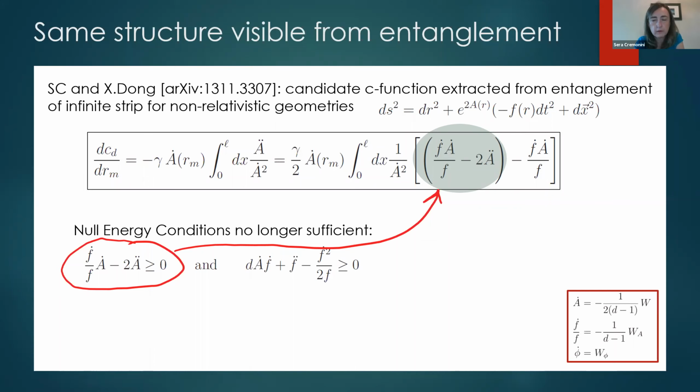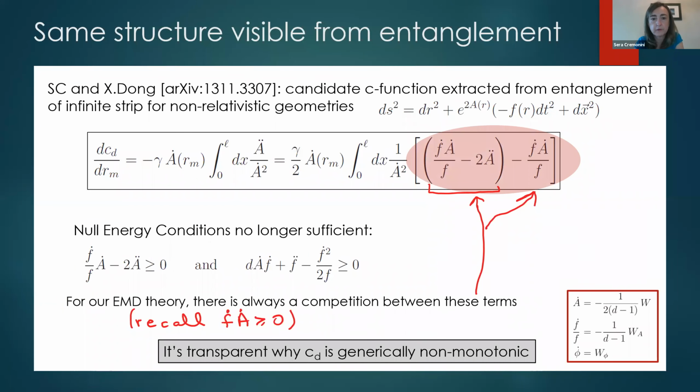Now, from the analysis that we have just done, if you remember, I just told you that this F dot and A dot are positive in this Einstein-Maxwell-scalar theory. So for these theories, the second term, F dot A dot, is always positive, and there's an overall minus sign.